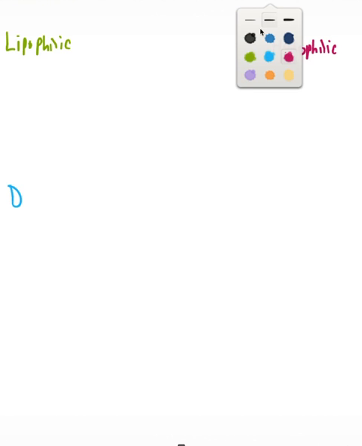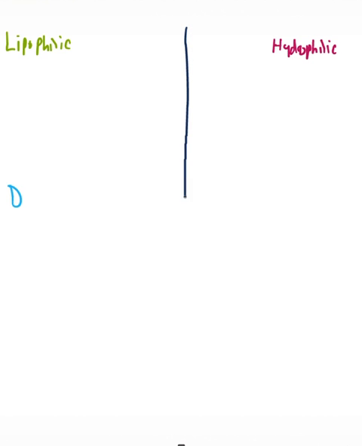So we're going to look at the different reactions that can occur. Let's talk about the phase 1 reactions. Maybe I'll draw a line here, and on this side will be the phase 1 reactions, and the phase 2 reactions are going to occur over here.